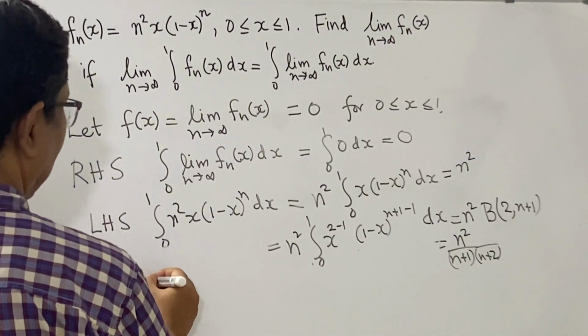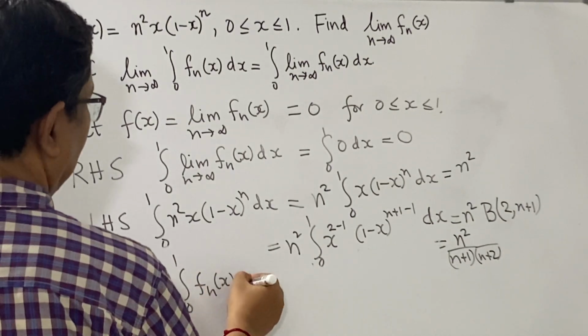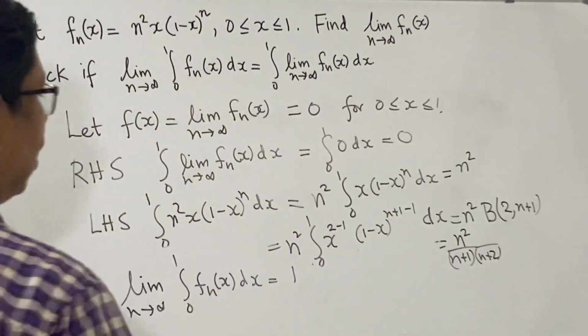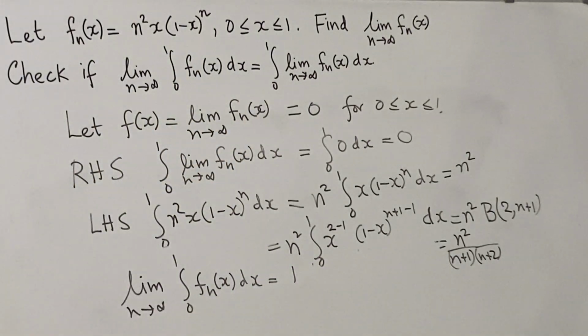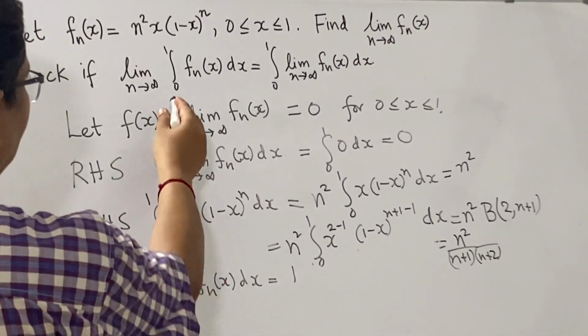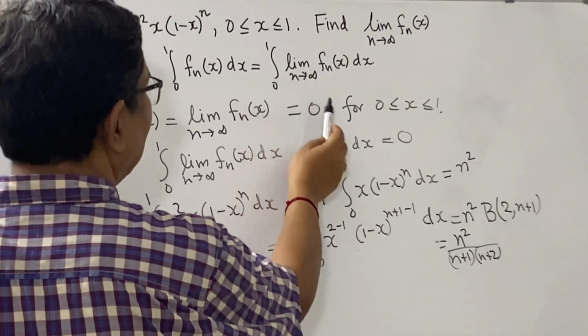Therefore, the limit as n goes to infinity of the integral from 0 to 1 of f_n(x) dx, if you take the limit of this, turns out to be equal to 1. It's very easy to see, just divide by n² in the numerator and the denominator and you get that. So we have seen that the left hand side of this quantity is 1, whereas the right hand side is equal to 0.